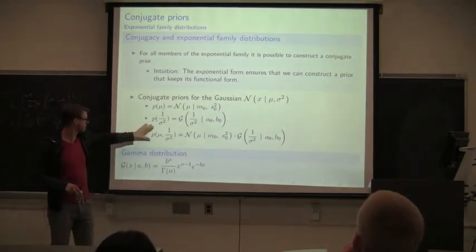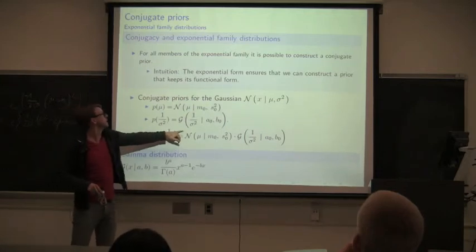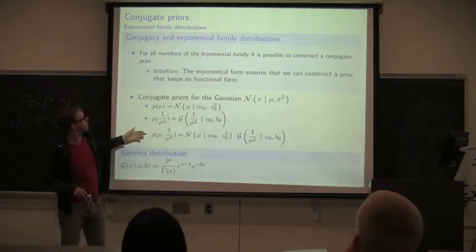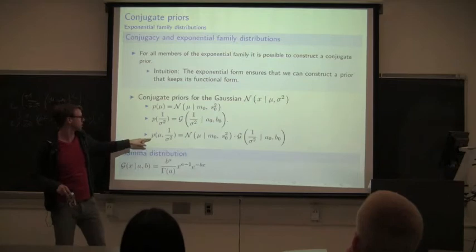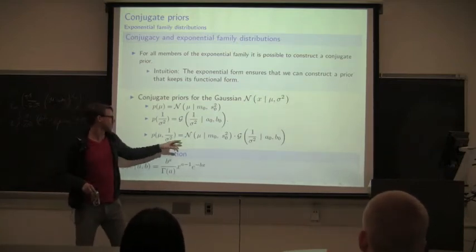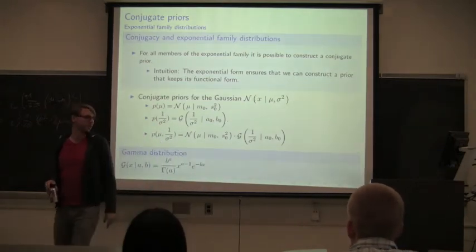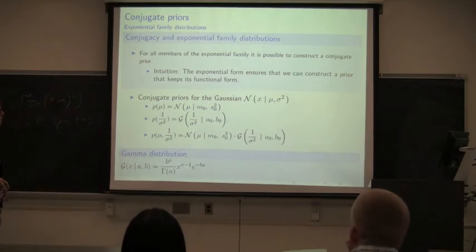And, well, there's also basically the joint prior. So the full conjugate prior over the normal distribution is the product of a normal and a gamma. It's what we call a normal gamma distribution. Normal and a gamma, not a normal and a Gaussian.